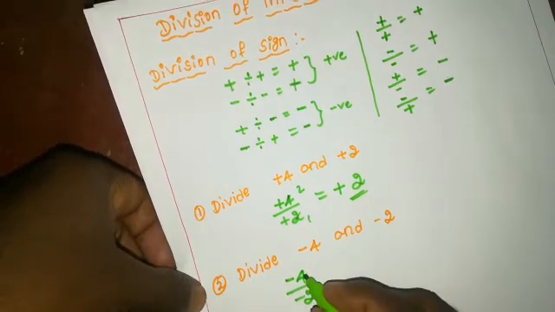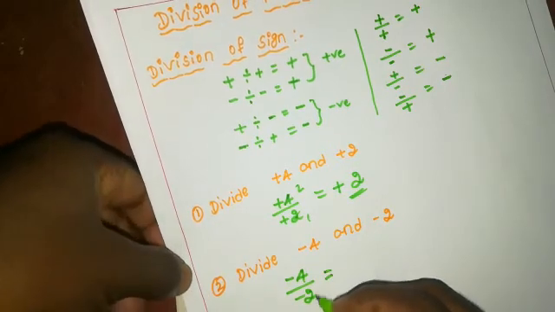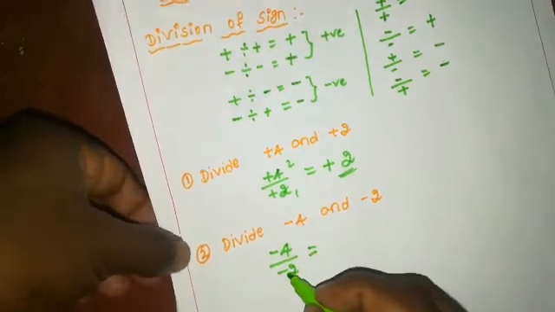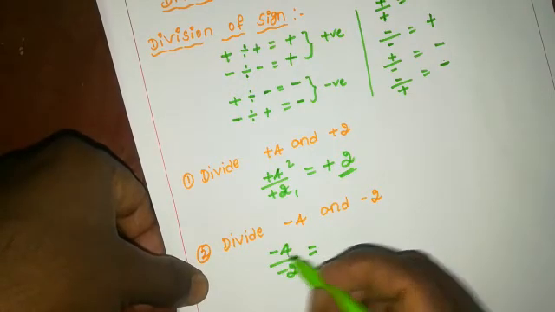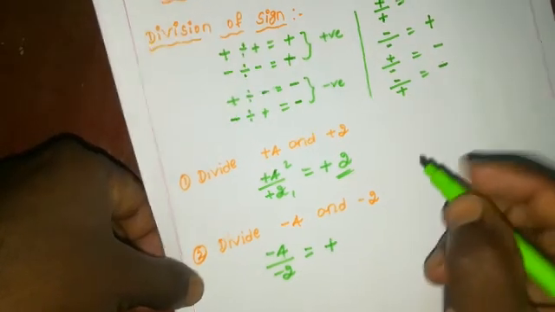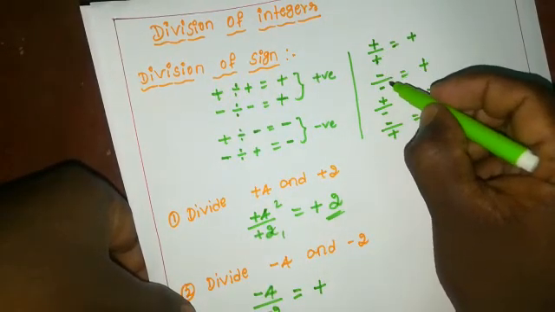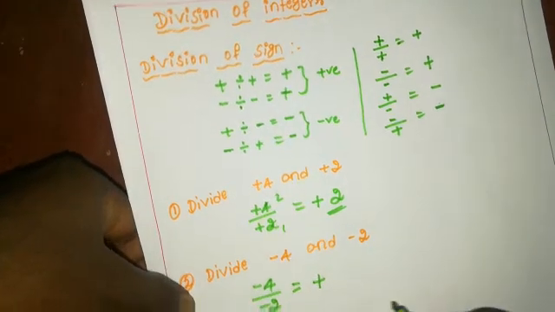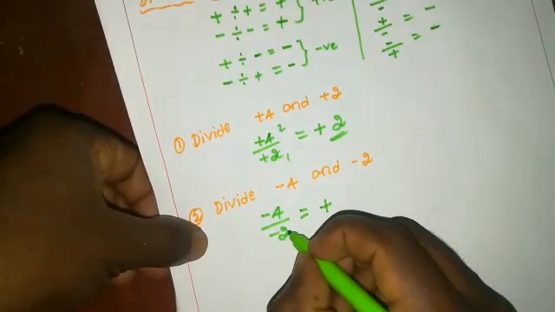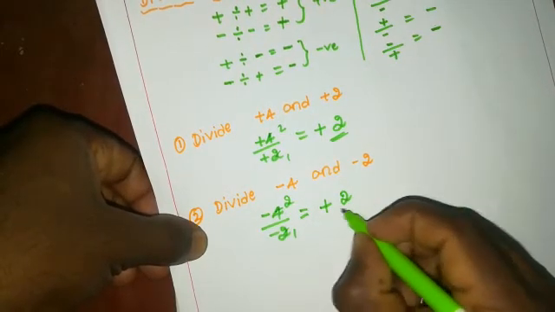Before going into the division of integers, at first we have to divide the sign. Minus divided by minus: the minus signs cancel, which means positive. When dividing the same sign, either plus or minus, we always get positive. Minus divided by minus is plus. Here also 2 ones are 2, 2 twos are 4, we get 2 as the answer.